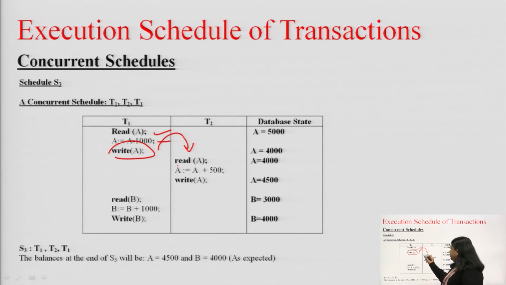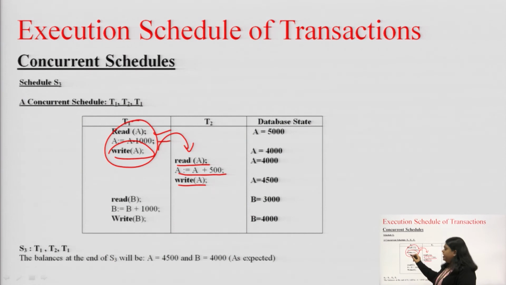So, now T2 is reading the value of A, it is making changes into the value of A and writing back the value of A. Now, over here right now there is no problem, because whatever changes in A was made, it was written into the value of A. So, when we are reading the value of A over here, it is reading the updated value, which is given over here, right.